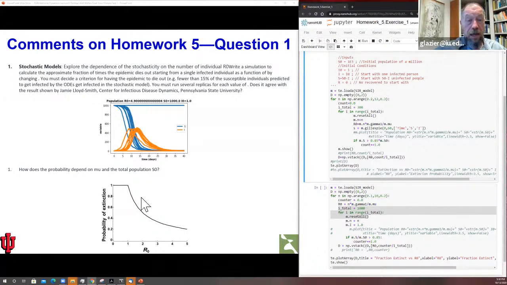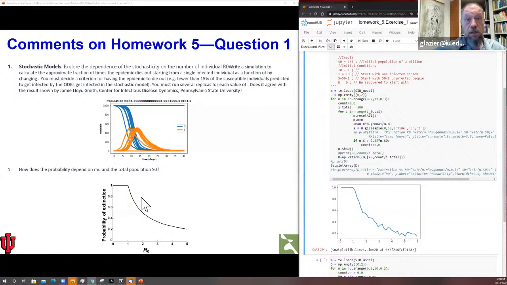First, plot the data sets, the time series for the parameter values you've got, and make sure that they're working. Secondly, if you're iterating, so you're doing multiple replicas, make sure that when you iterate, you get something reasonable. Because it's very easy to leave something like an m.reset all out or an m.n equals n out. So you want to catch those things.